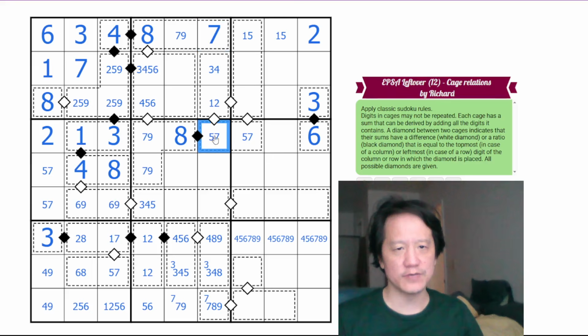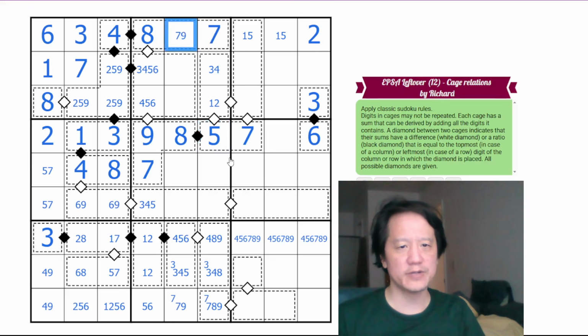So this is 7, that's 5, that's 7, which means this can't be 7, that's 9 and 7 there. 7 eliminates 7 here, so it's 9. 9 eliminates 9 here, so it's 7. No 7 here. So this is still the same. Okay. Interesting.